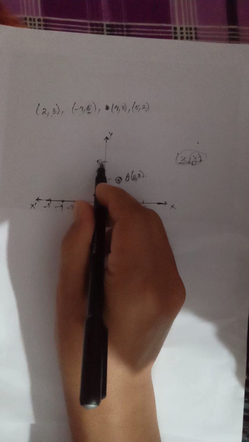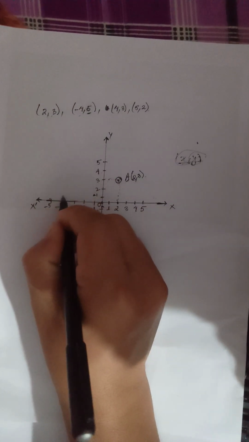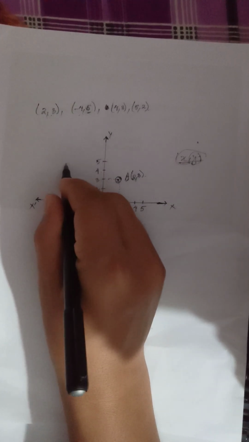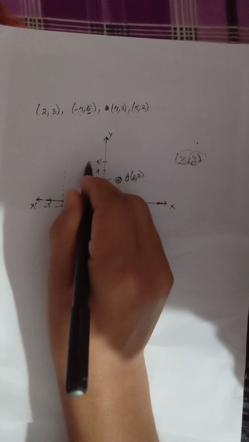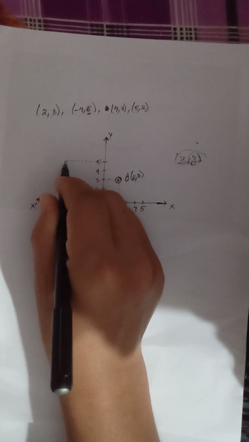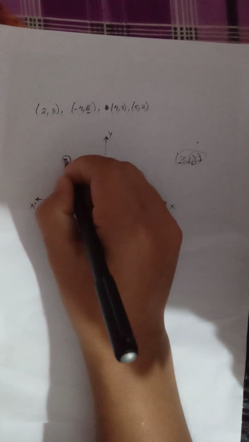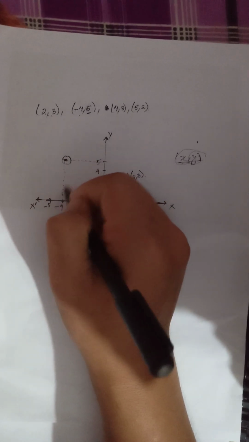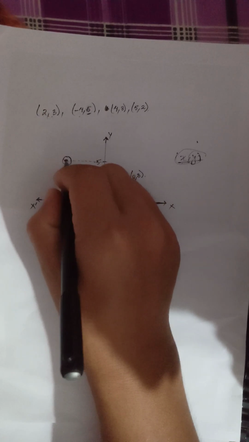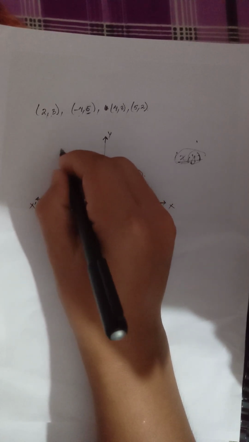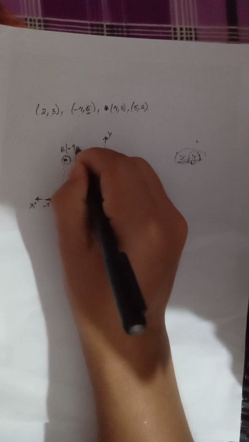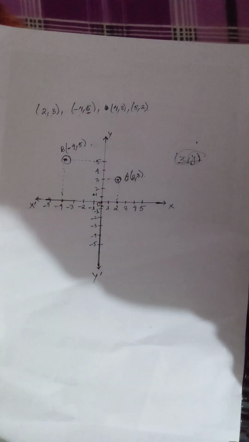Then in order to get this point, first you put some dotted lines, and mark the point where these two meet. These two meet at one point, and we call this point B, which is minus 4, 5, right?